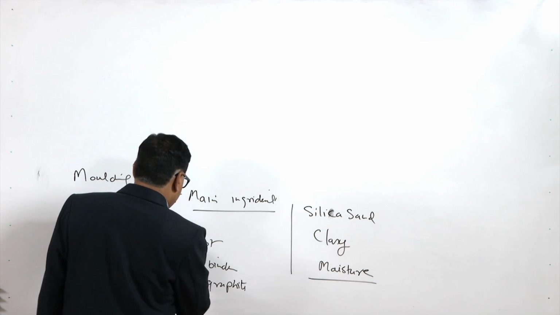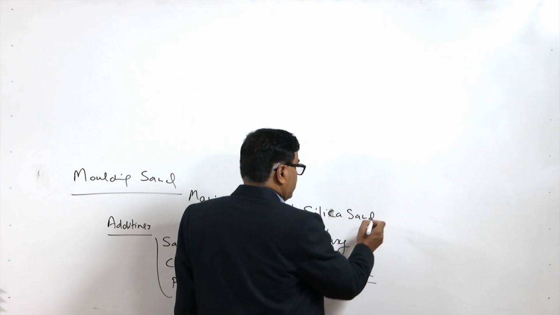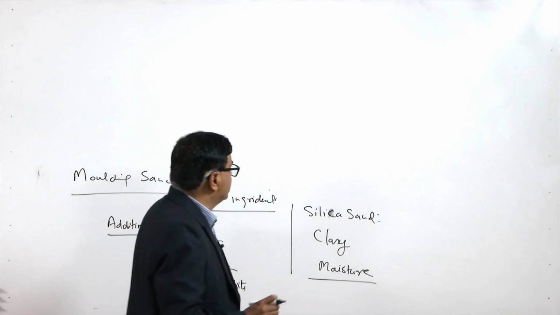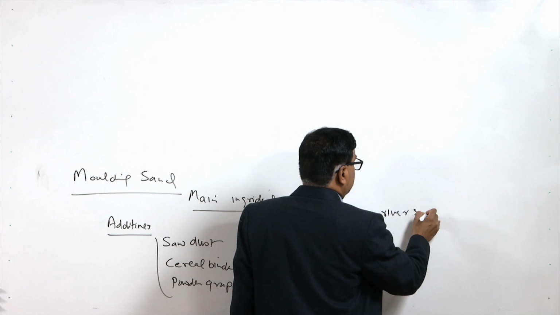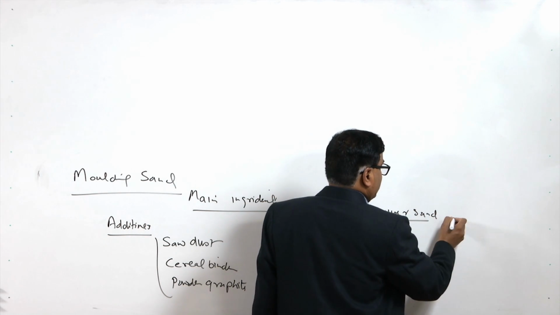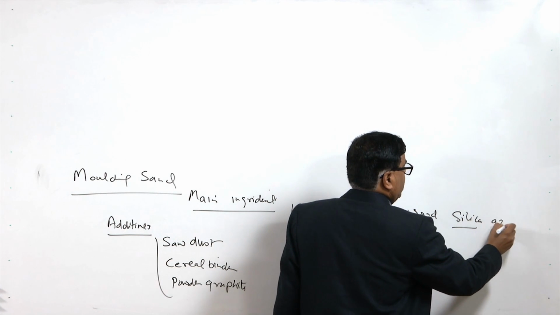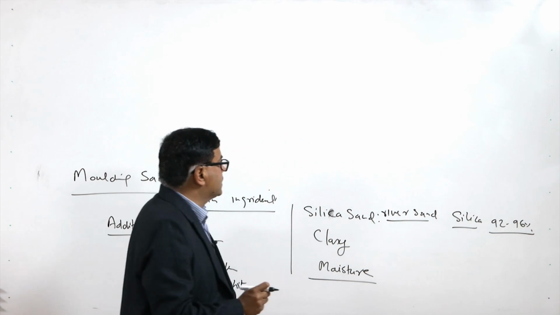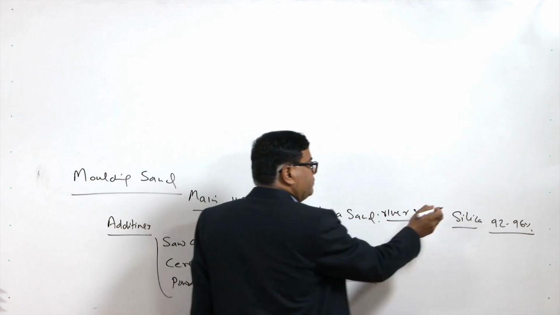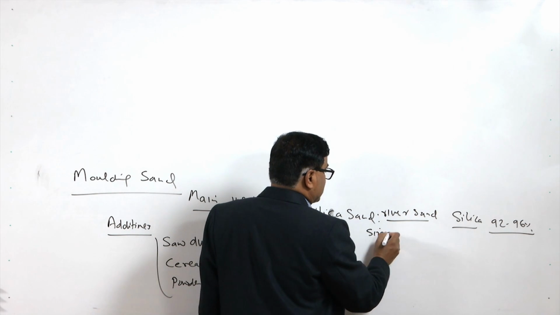So, these offer some specific characteristics about which we will talk later on. Basically, silica sand, you can say the river sand, has silica of 90 to 96% normally, and it has a variety of sizes.